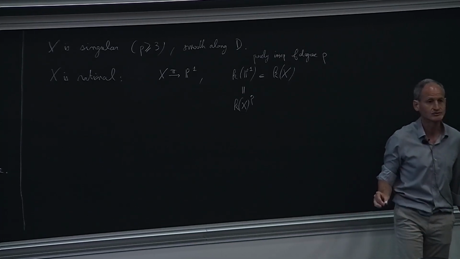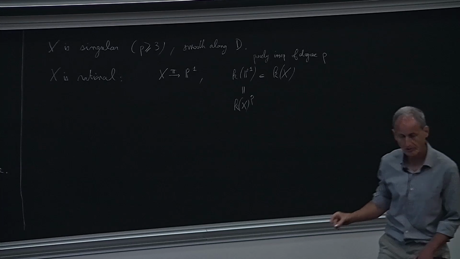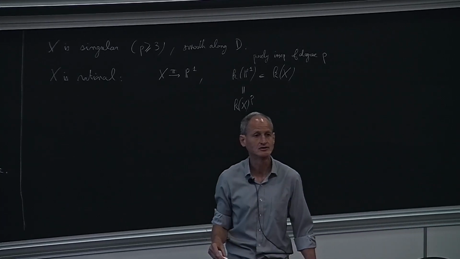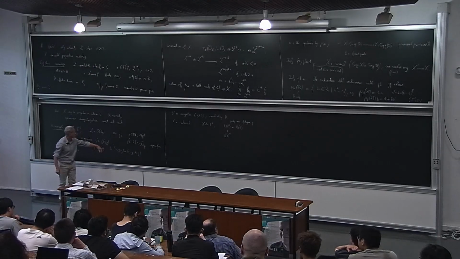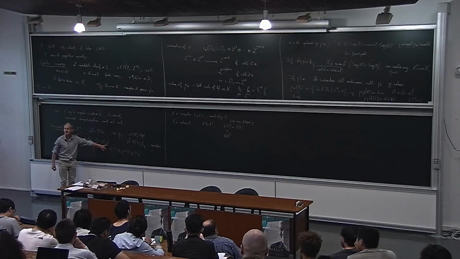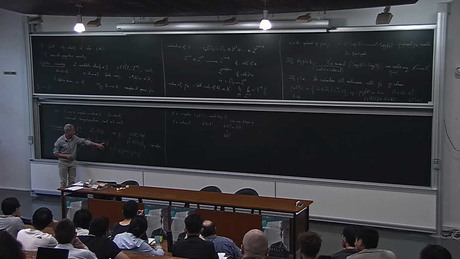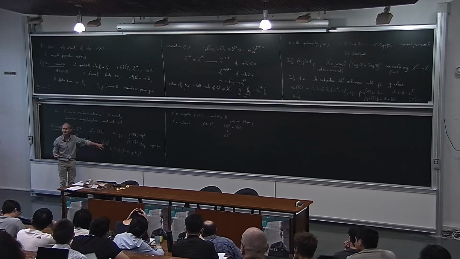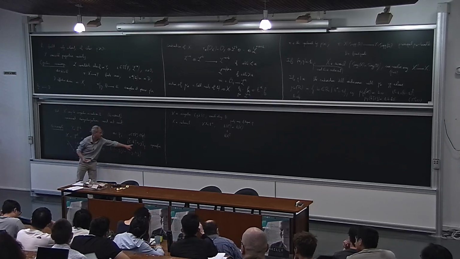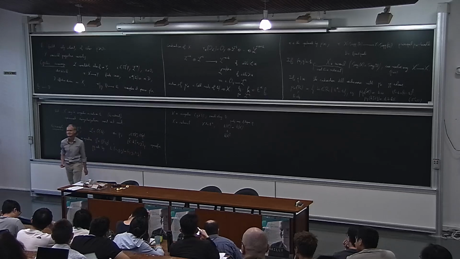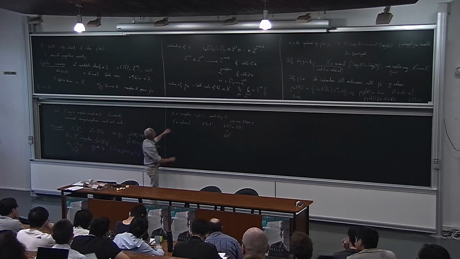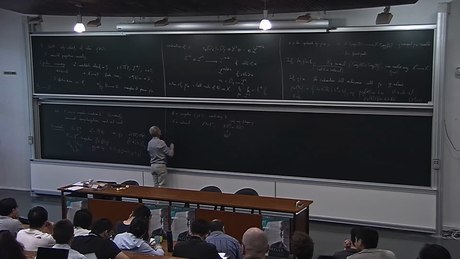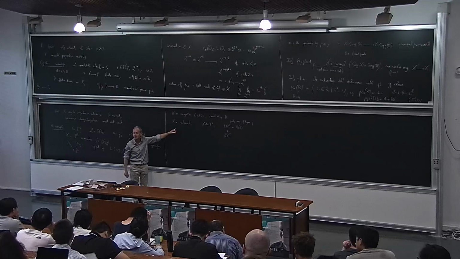This is smooth along D. Singular at some points outside D. The singular points provide the equation: take y equals 1. These are the zeros of the derivative, f prime of x equals 0. So they are outside of the zeros of the polynomial because it's square free. This is a simple calculation, a bit more tricky.